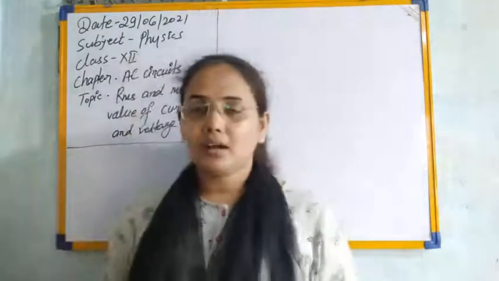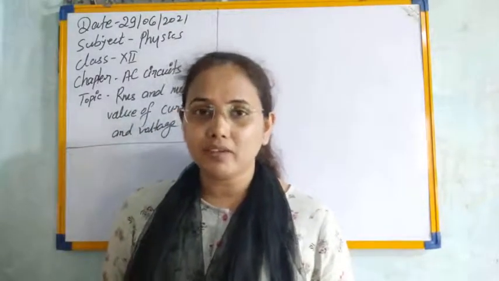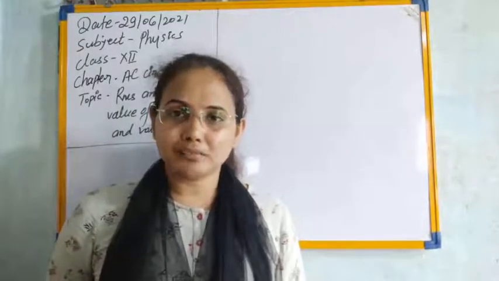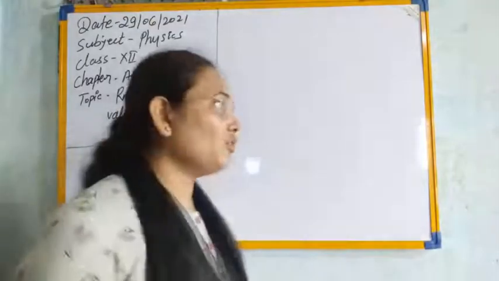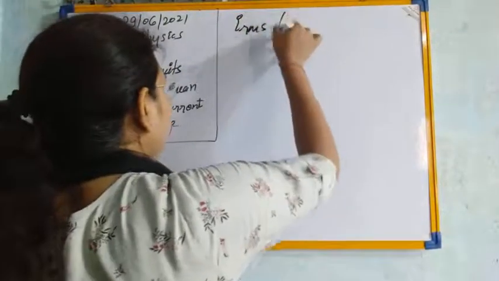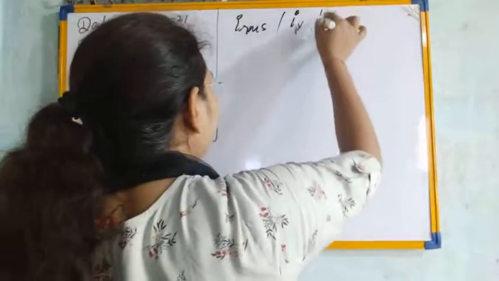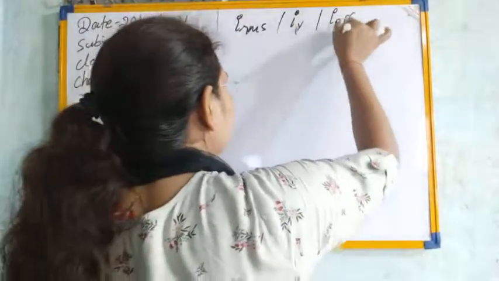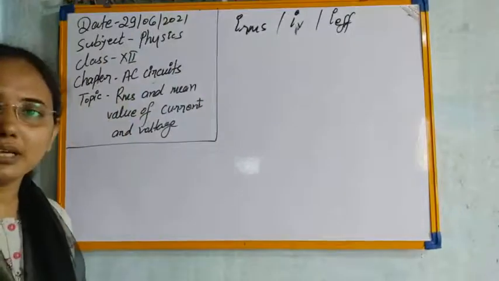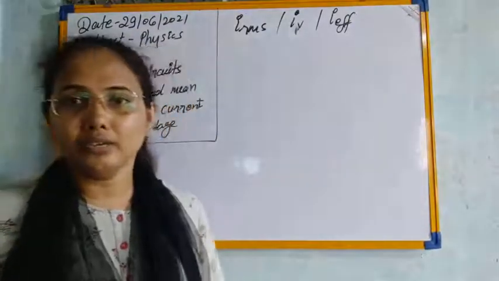In other words we also call it the effective value or virtual value. So sometimes you will see the RMS value of current by the name I RMS, I virtual or I effective. All these names are the same, so don't be confused whenever you see such names.